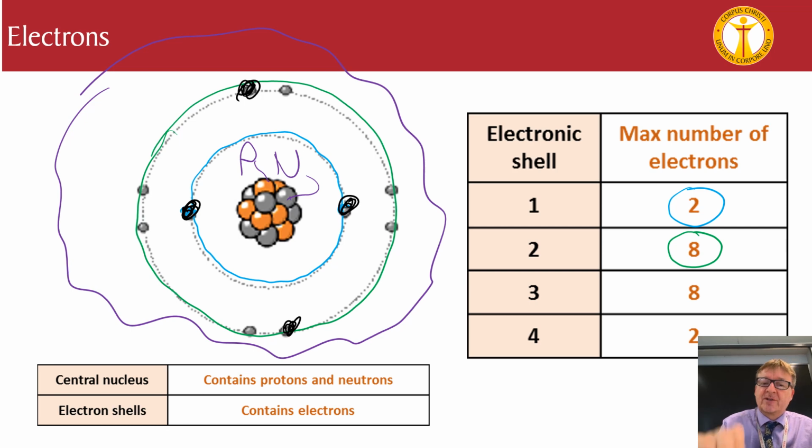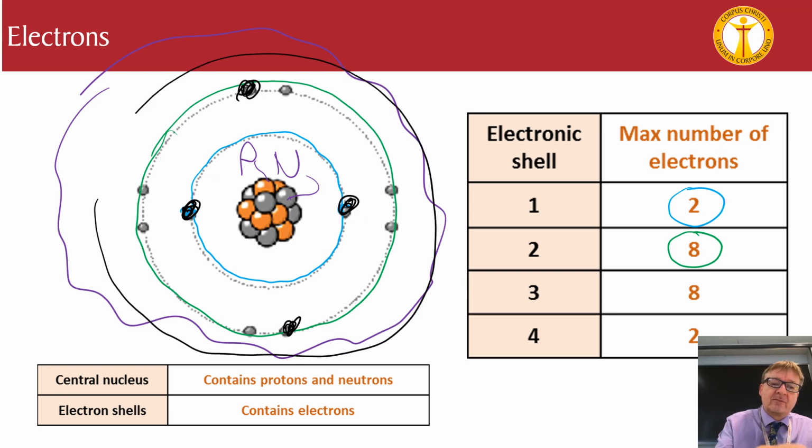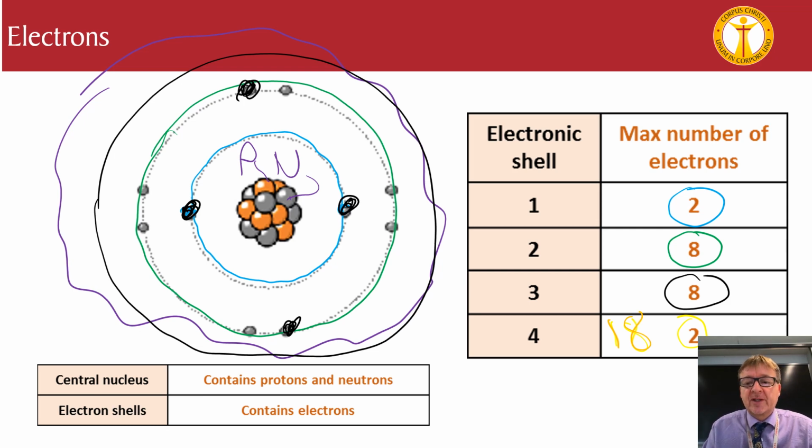I'll just do them opposite because it looks better. Once that shell's full, you draw another shell, and this can have a maximum of 8. And then finally you can have another shell, which has a maximum of 2, or it can be called 18. That's not very clear, so I'll do it in orange over the top, 18. It says 2 because normally the biggest one you'll ever get asked to draw is calcium, which will have 2 in the outer shell, but it actually contains 18.